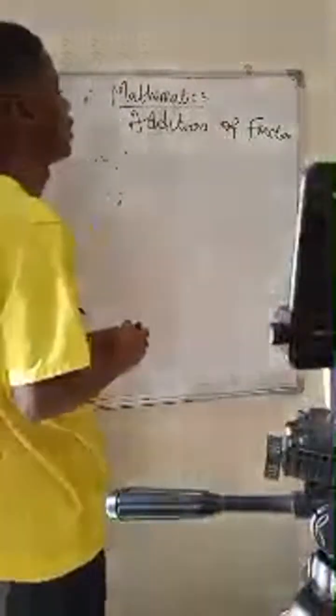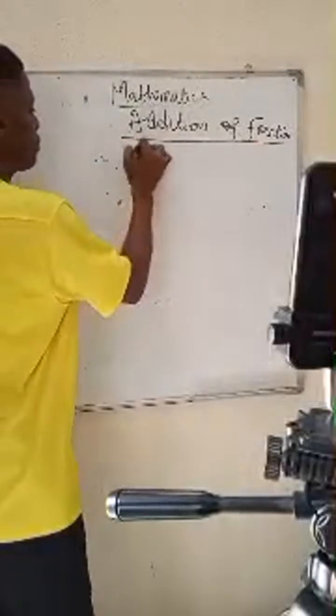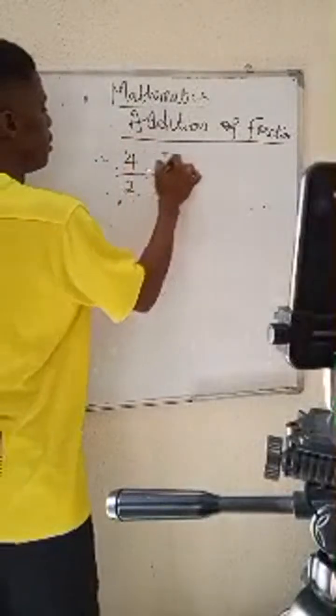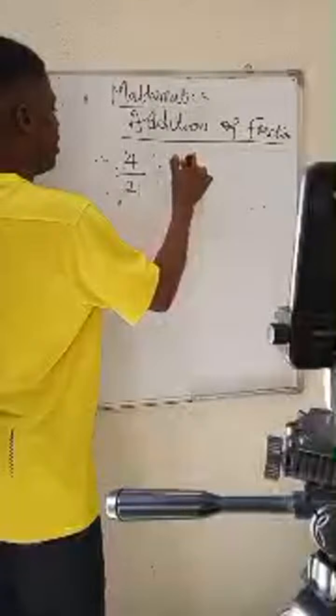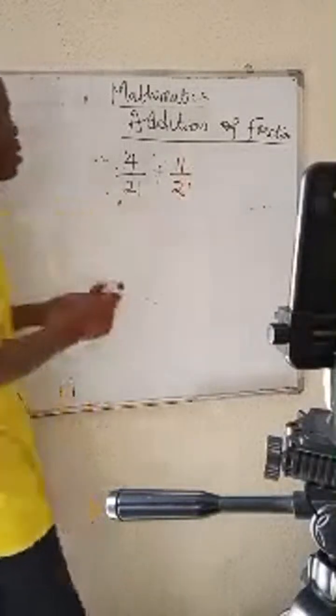Okay. So this is the easiest method of adding fractions together. So let's do my example here. Let's look at something like 4 over 21 plus 11 over 21. Okay?